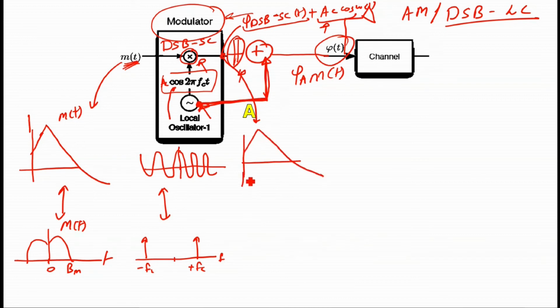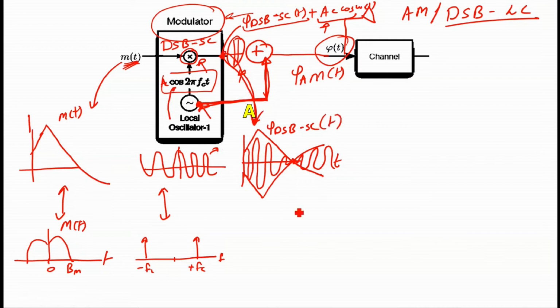Next, over here in the DSB-SC, we were having this signal which is making an envelope, right? And this carrier is embedded in that envelope. So this was in time domain, and this is our phi dsb-sc coming from here, right?